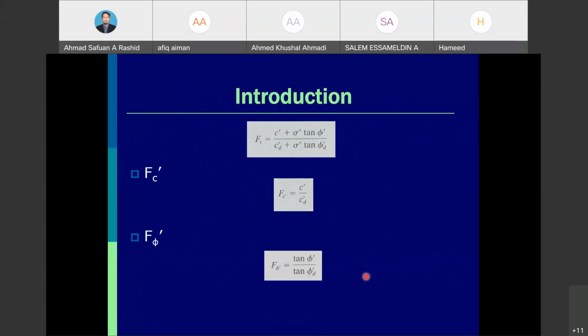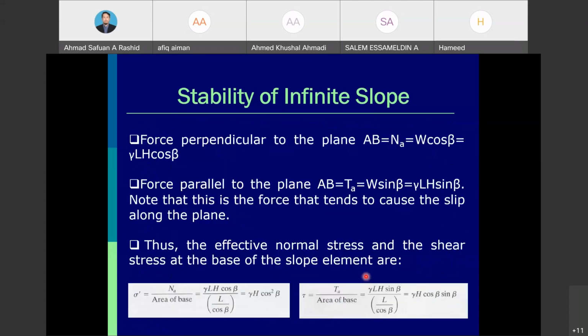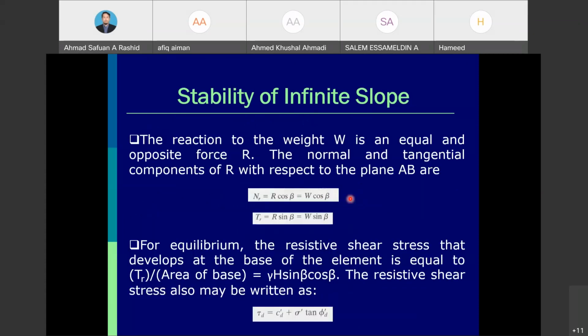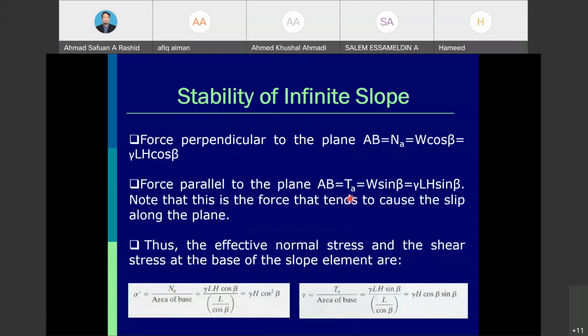So in order to derive an equation, the TD, which is the shear stress, is equal to the TA or TR, so equal to this tau.